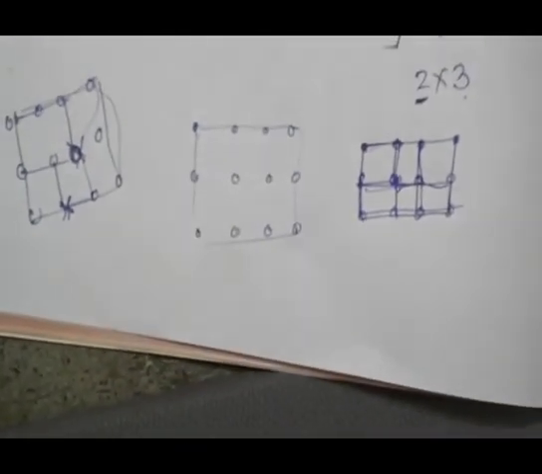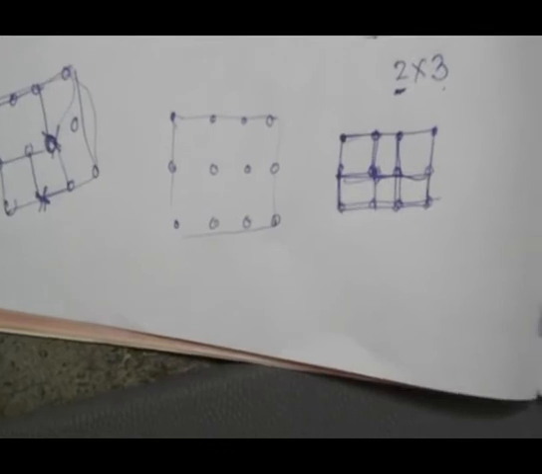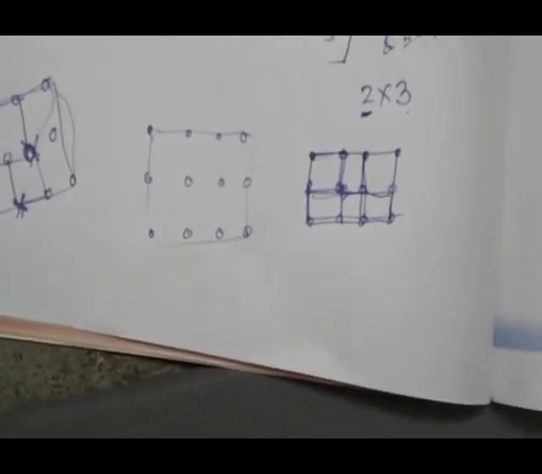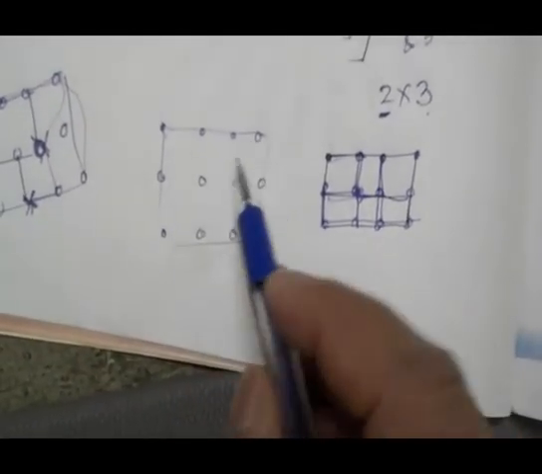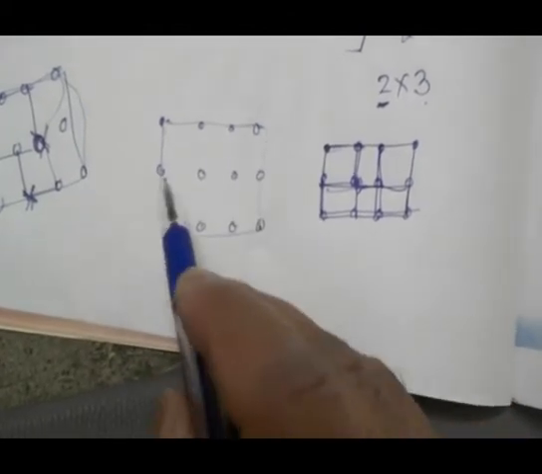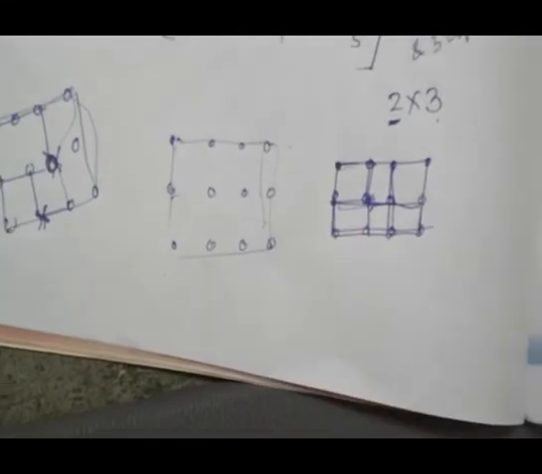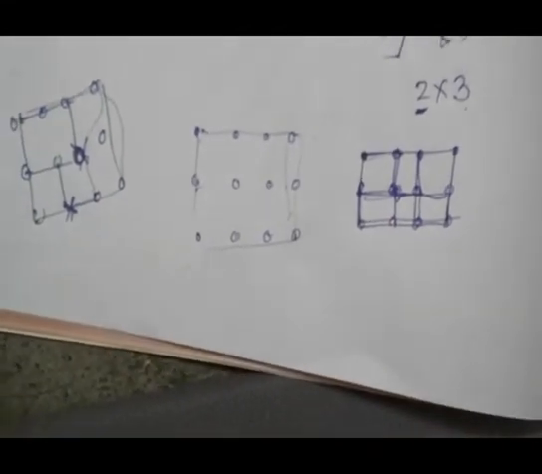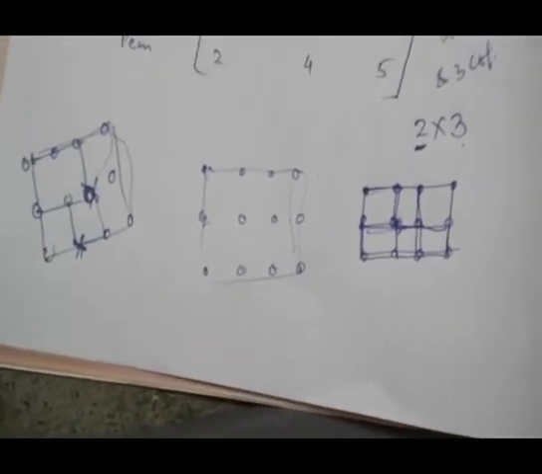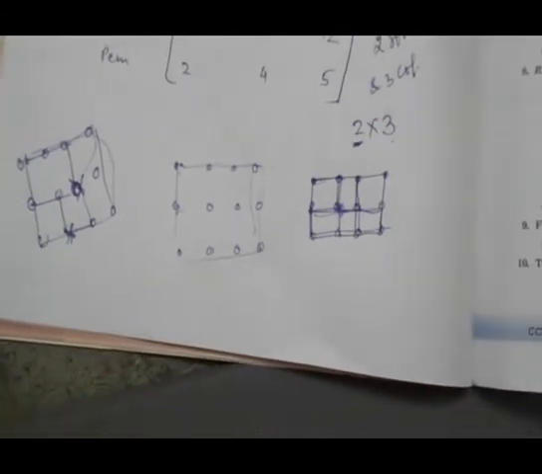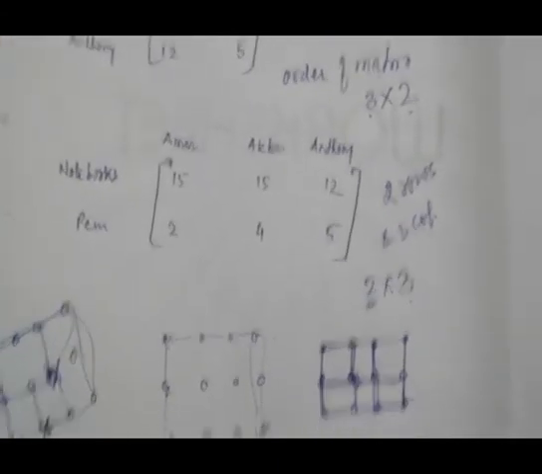If the number of rows is 3 and the number of columns is 4, then each row has 4 elements and each column has 3 elements. This is called an array. So first you have to learn about the order of the matrix. What is the order of the matrix?